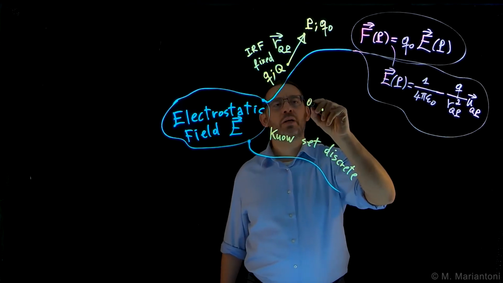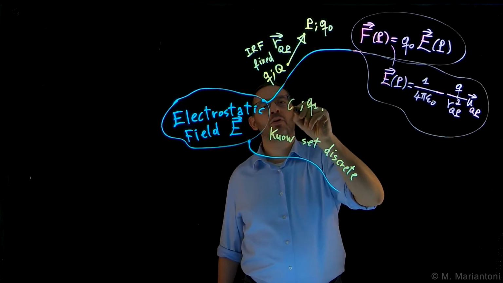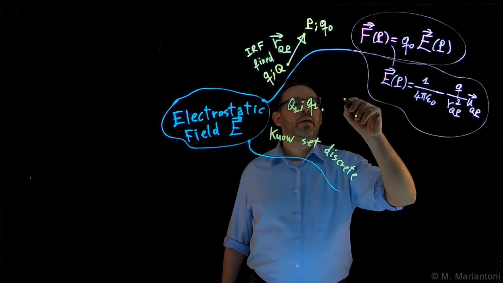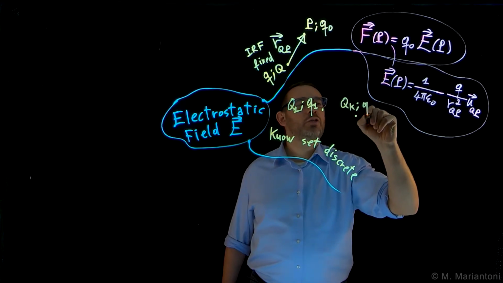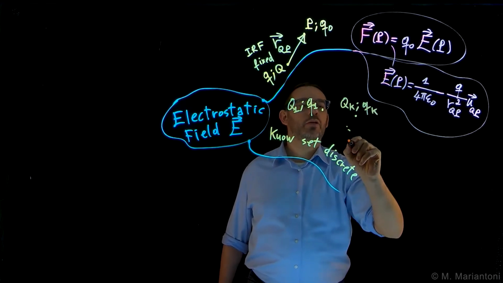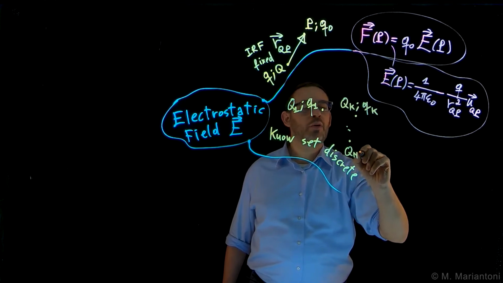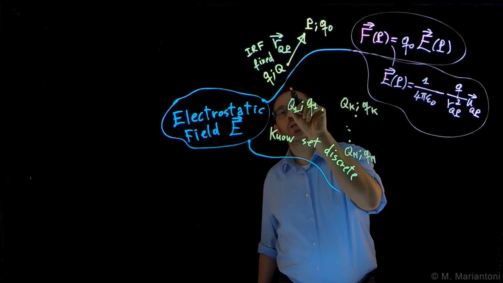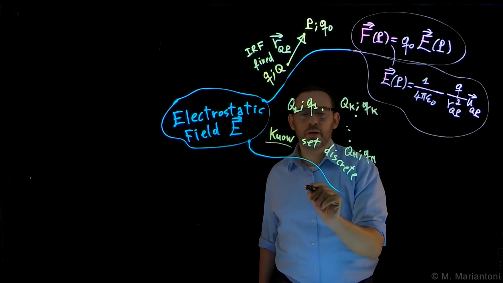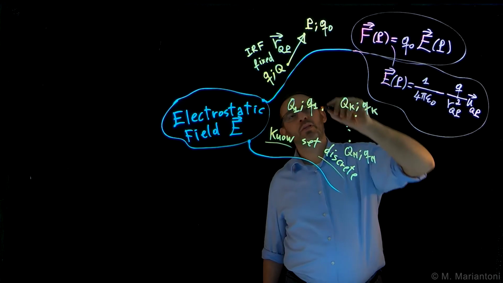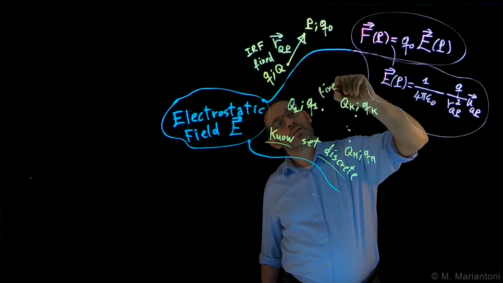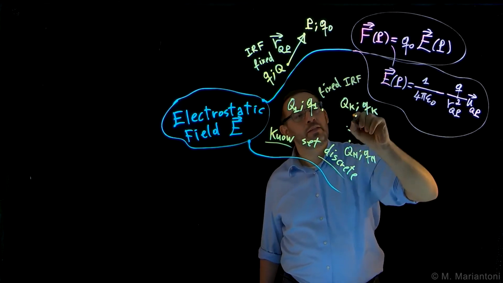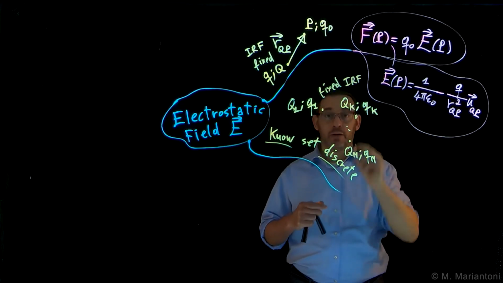This charge here is going to be Q1, a point capital Q1, and so on, all the way to a point capital QK, with charge QK, and finally all the way to capital Qn, with capital N charges. We know this charge distribution, it is discrete, and all these particles are also fixed in an inertial reference frame. They are nailed at the point where they are located. This point Qk is fixed right there.